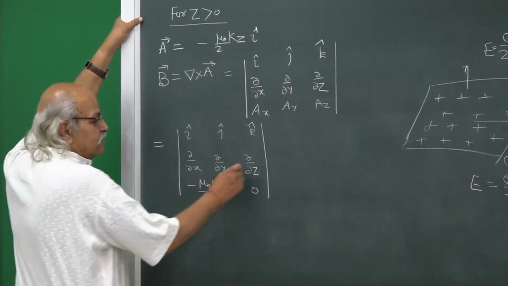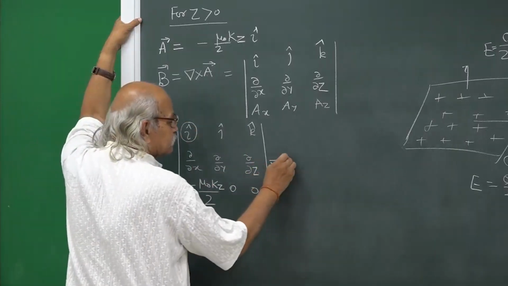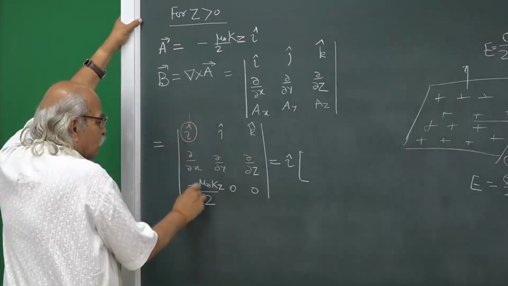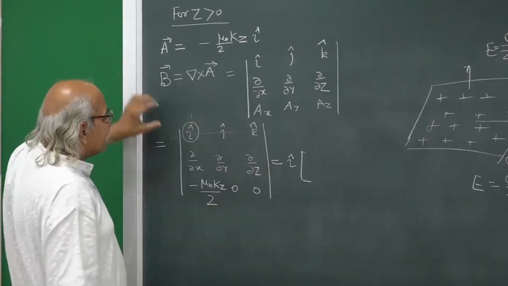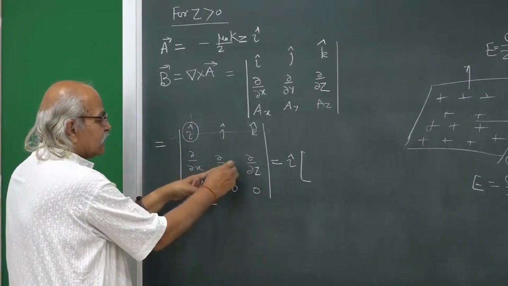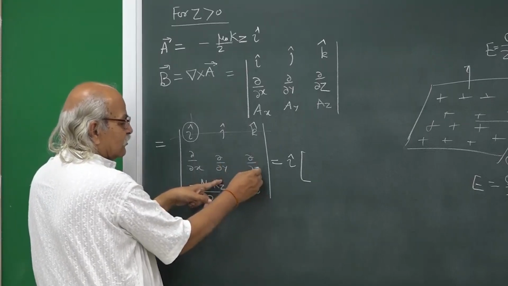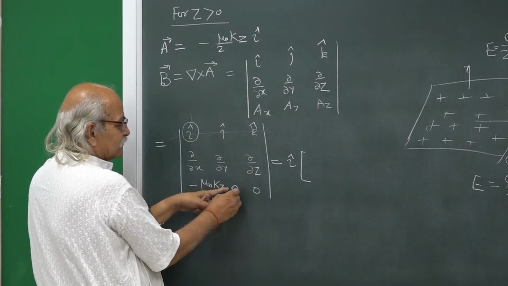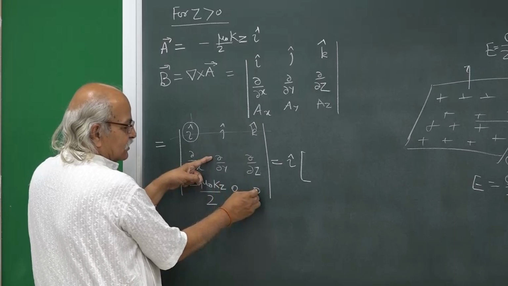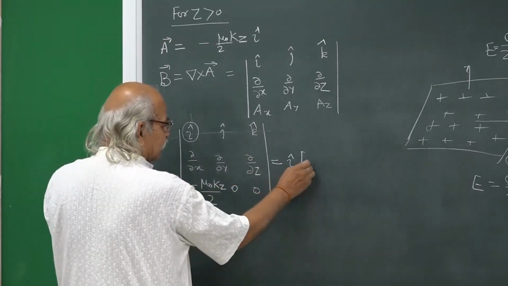Then expand. First take this i cap and omit the row and the column containing that i cap. You are left with these 4: del y of this quantity minus del z of this quantity is 0, because it is 0 here, it is 0 here. So, this part is 0.